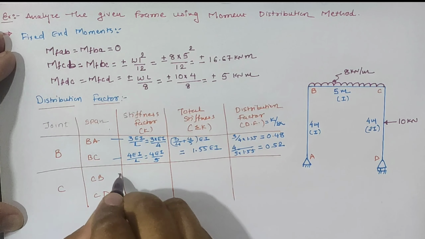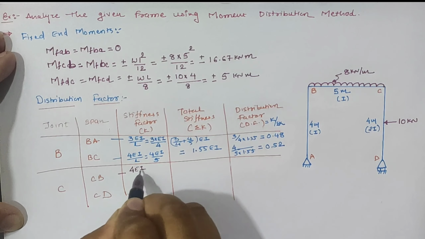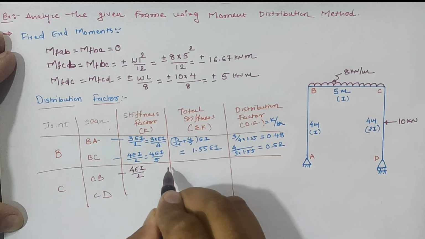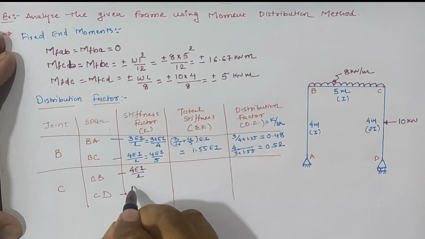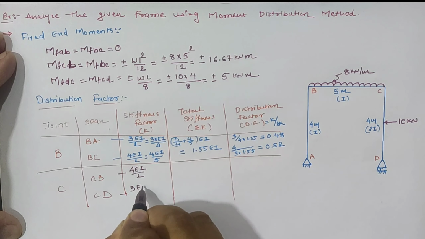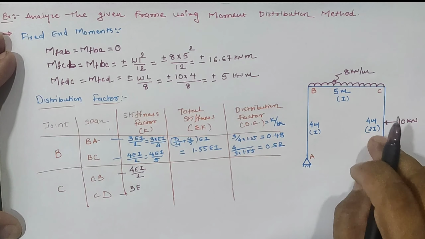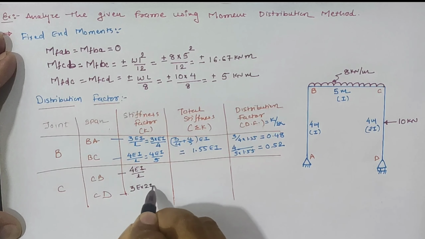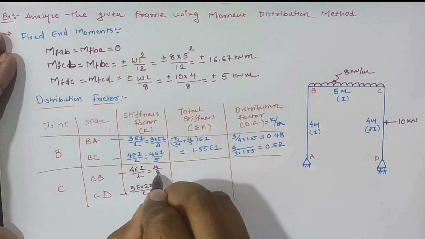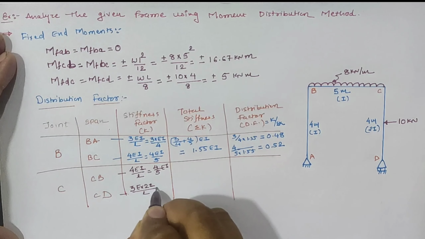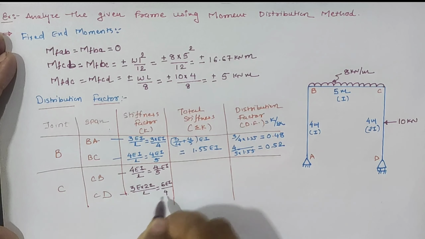Now for the CB span, as an intermediate span, it is 4EI by L as in the above value, and for CD, the far end is a roller and the value is 3EI by L. But for the span CD, the value of I is 2 times, so 2I by L, and the value is 6EI by 4.